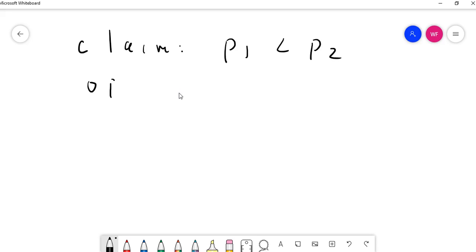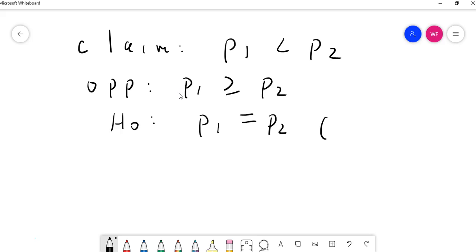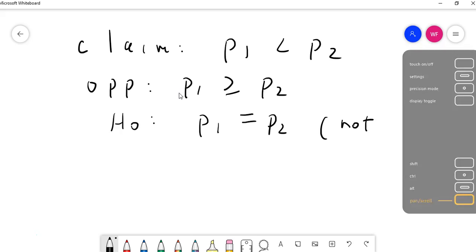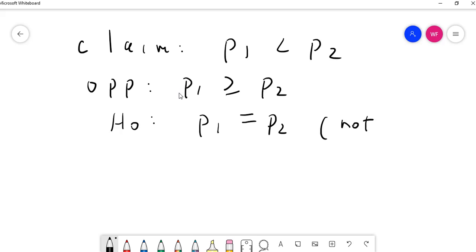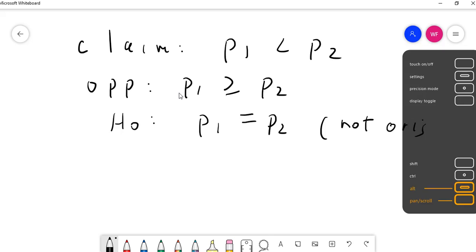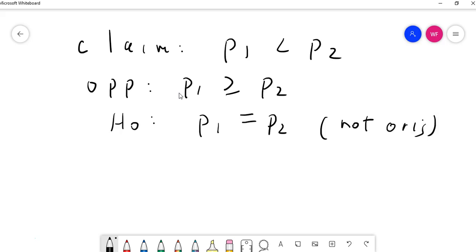The opposite of this claim is that P1 is greater than or equal to P2, which means that the null hypothesis is P1 equals P2, and that's not from the original claim. And the alternate hypothesis, H1, is that P1 is less than P2, which makes for a left tail test.